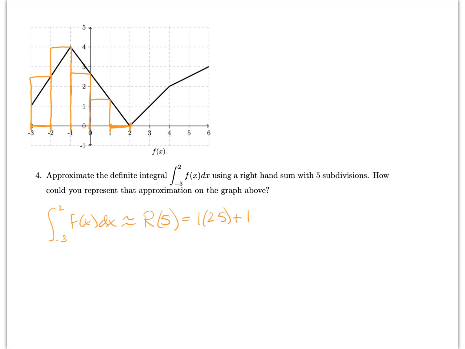Second rectangle, base of 1, height of 4. Third rectangle, base of 1, height of 2.6. Fourth rectangle, base of 1, height of 1.4. And the last rectangle has a base of 1, height of 0. And that comes out to 10.5.